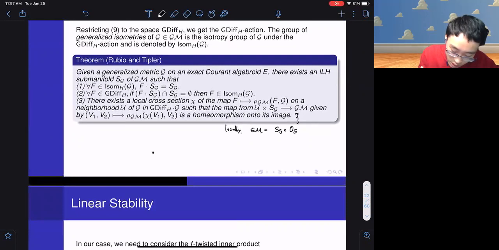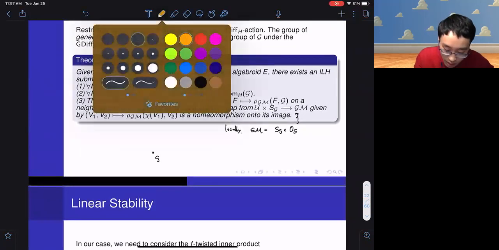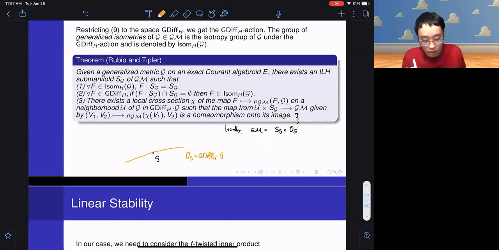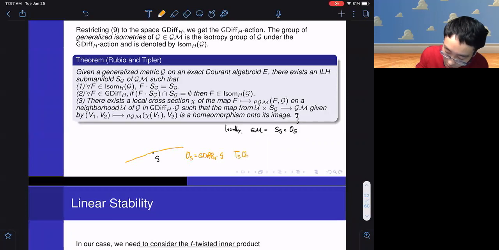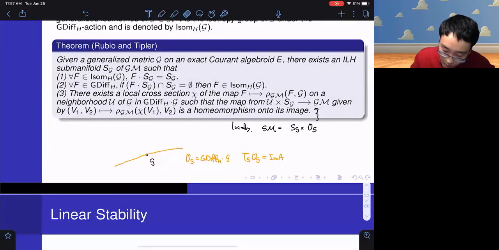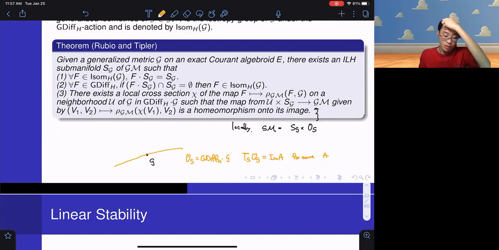If you fix a generalized metric G, and we consider its orbit under this action, so this is O_G, G-diff acting on G, they found that the tangent space of this orbit can be expressed through some operator A, and they can extend it to the whole orbit.